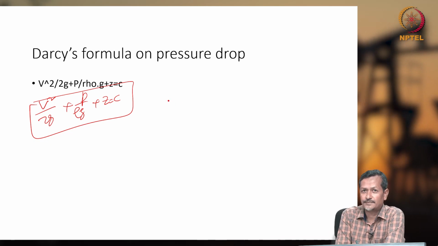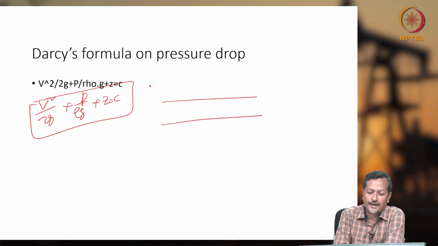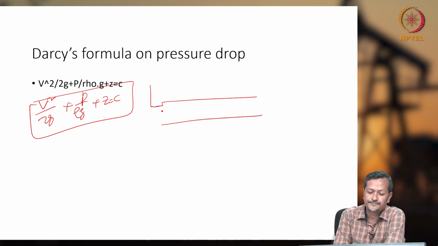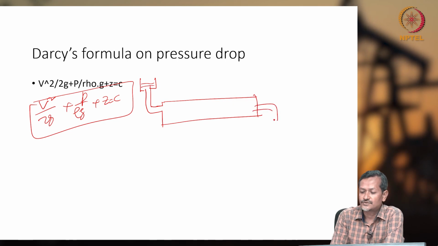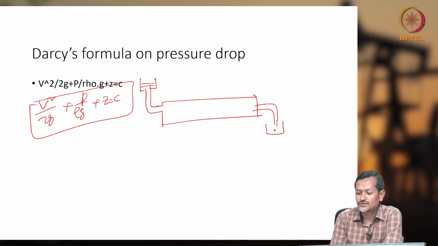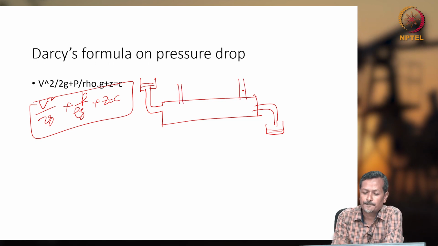How did he test pressure drop through a pipe? He used one pipe, and he took one reservoir like this, and the exit also having some storage, and he put a piezo manometer pressure measurement system.